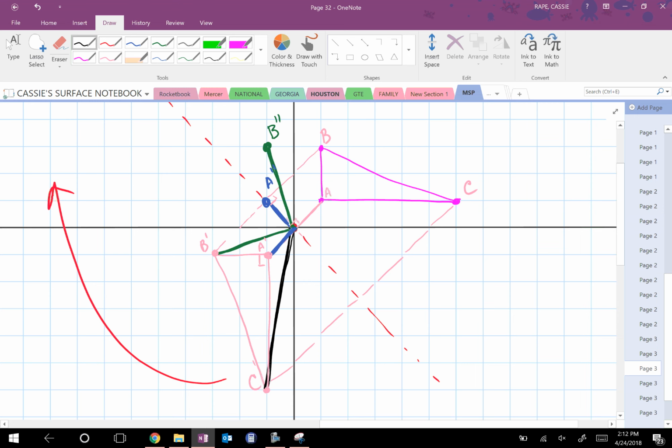So I'm going to go there and drop a point. And that's my C double prime. So if I've got these 3 points here, I know that this is where that ends up. Right here. In which case, going back to this question, again, the answer is D.